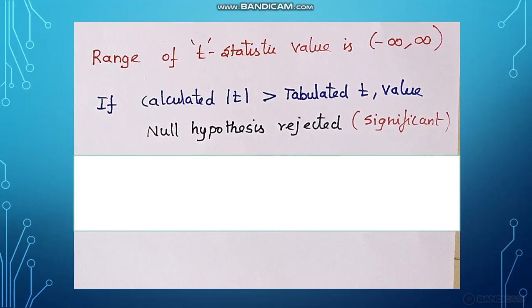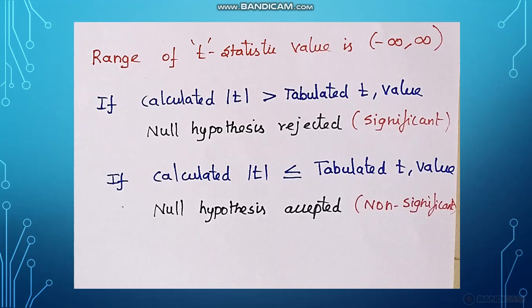If the calculated t value is greater than the table t value, the null hypothesis is rejected. That is significant. If the calculated t value is less than or equal to the table t value, the null hypothesis is accepted. That is non-significant. So this is the conclusion.